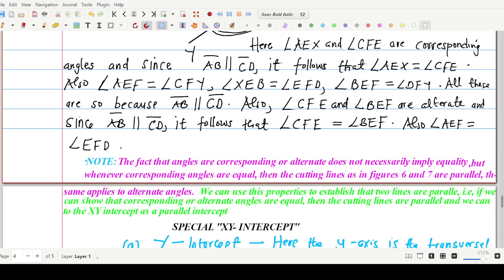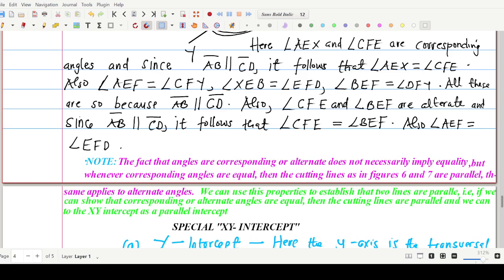All right? So take note of that. The same thing goes for alternate angles. That is, if alternate angles are equal in size, then the cutting lines forming them must be parallel, and we can also use that fact to prove that two or more lines are parallel. So this fact should be carefully noted. This is a very important fact because we'll be solving problems whereby we'll be required to prove that line AB is parallel to line XY.